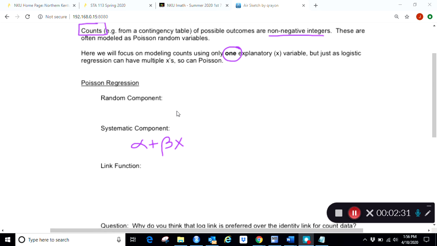Now the random component comes from the distribution we believe our response variable is modeled by. And here we believe we're going to be using the Poisson distribution. The Poisson distribution has one parameter, and that is mu, the population mean.